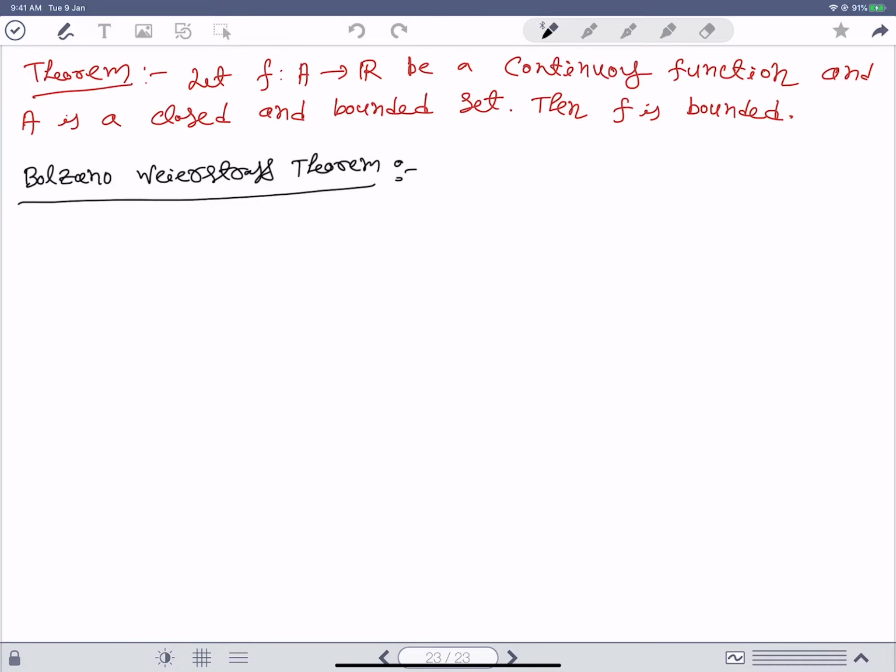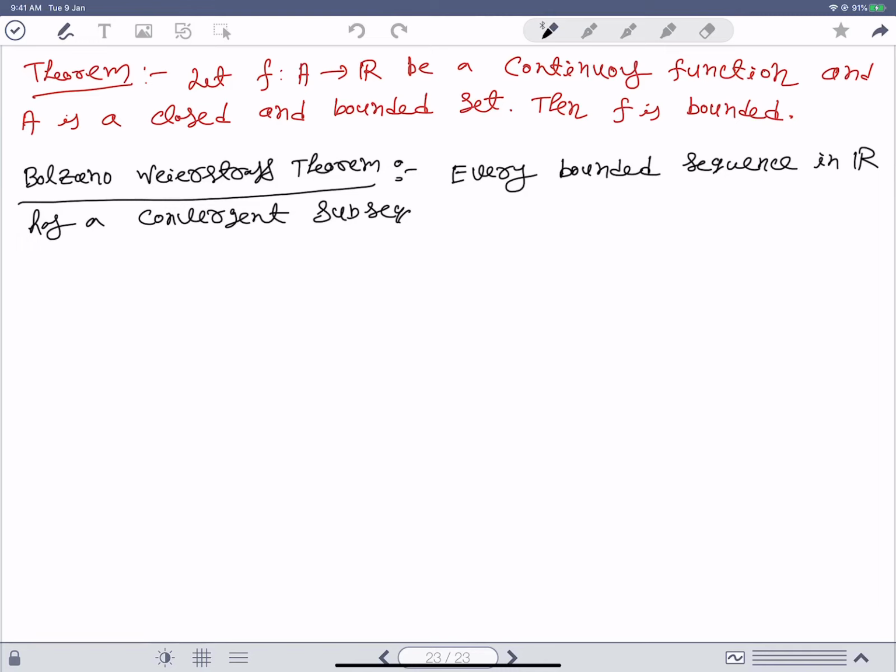Now this theorem says every bounded sequence in R has a convergent subsequence. Okay, so we have seen this theorem. Now by using this theorem we shall prove these properties of f. Okay, so here is the proof of the above theorem.